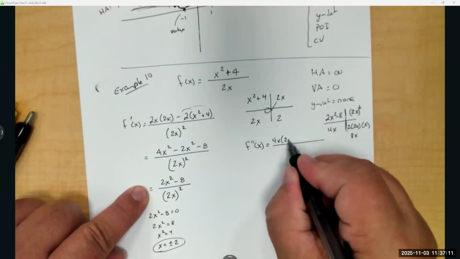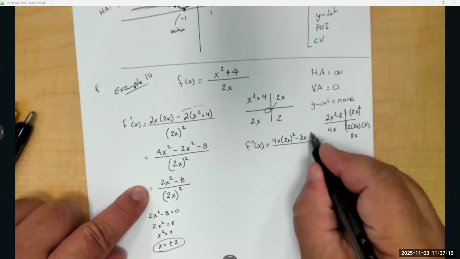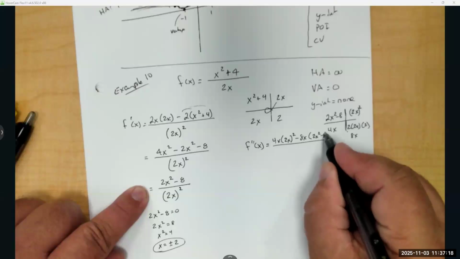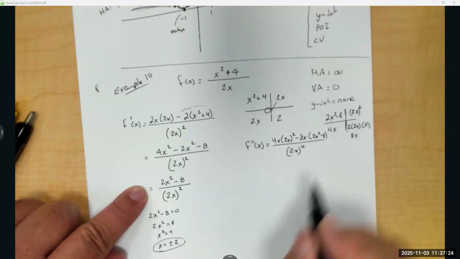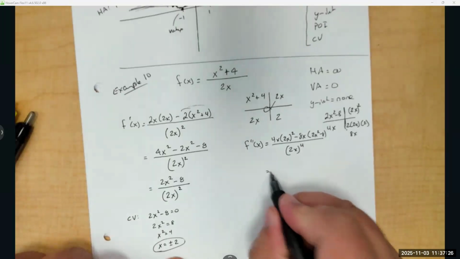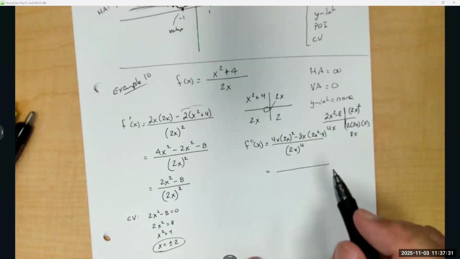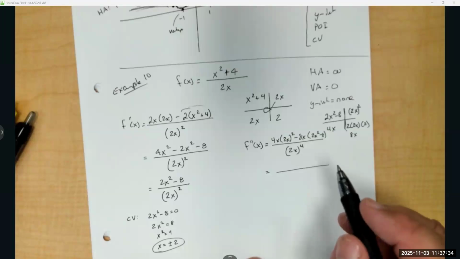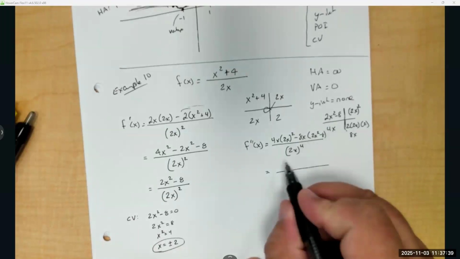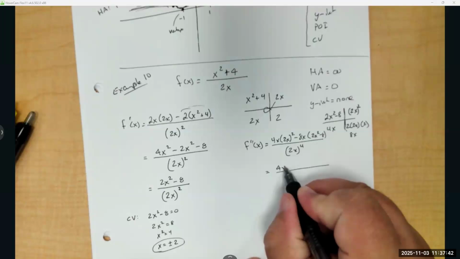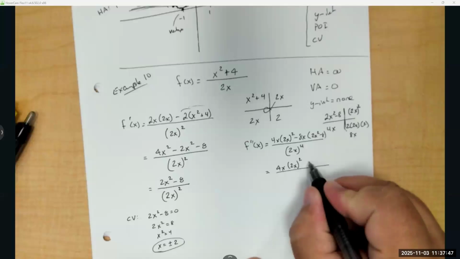Four x times 2x squared minus 8x times 2x squared minus 8, over 2x to the fourth. So we have 4x, 2x squared.